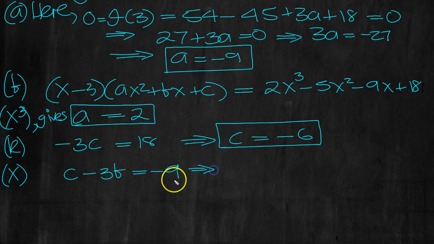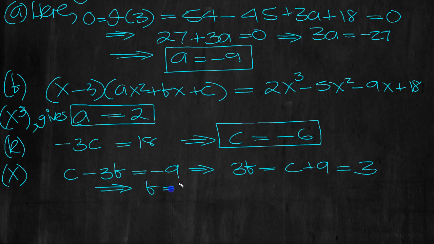So that tells us that 3b then, move the 3b over there, leave the c where it is, and move the minus 9 to be with it, plus 9. Minus 6 plus 9 is 3, so that tells us that b equals 1, which is what we've got there.